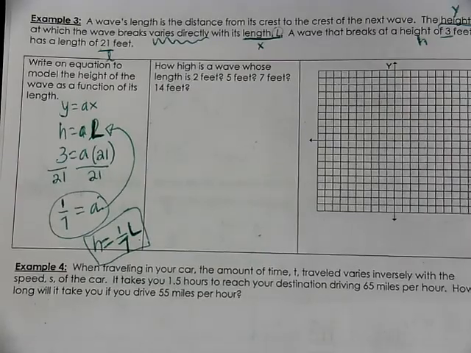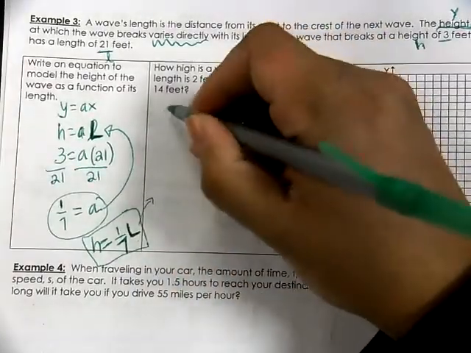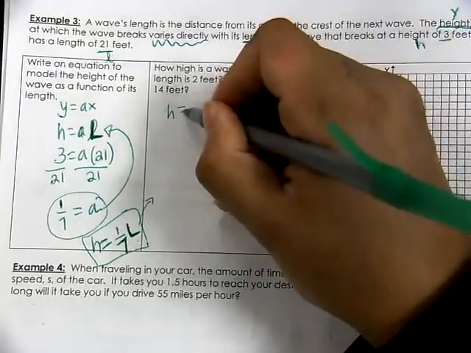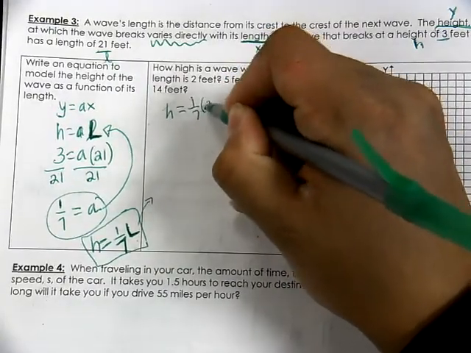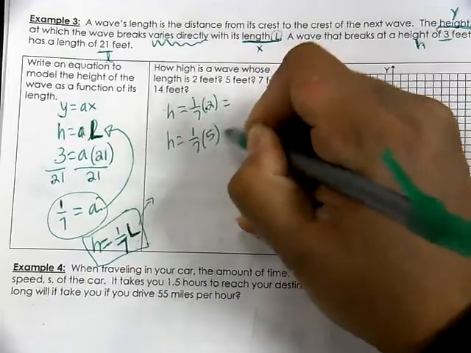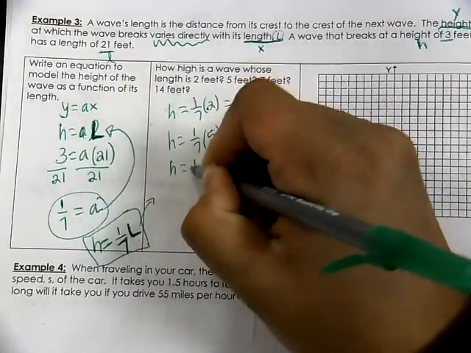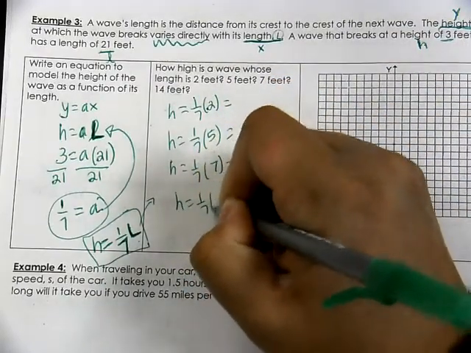All right, then it says, okay, well, answer the following questions. So use this equation for the second part. It says, how high is a wave whose lengths are the following? So we're plugging these numbers in for L. So 1/7 times 2. I'll just write them all out first, and then I'll grab a calculator and try to find them all. 1/7 times 5, 1/7 times 7, and 1/7 times 14.